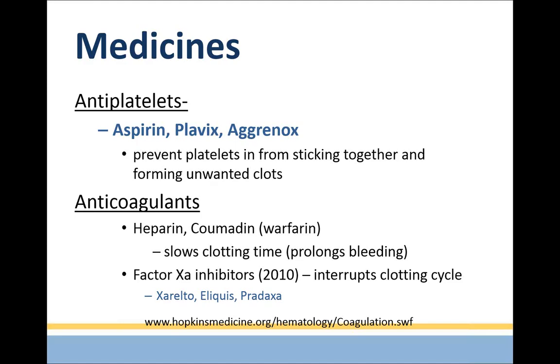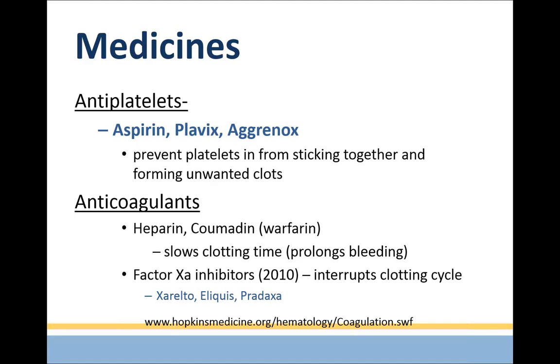Coumadin, warfarin, works by inhibiting vitamin K-dependent coagulation factors, and it has been in use since the 1950s. You're probably all familiar with that. It requires more frequent blood monitoring, but it's easily reversed with a dose of vitamin K when needed, such as in an emergency.